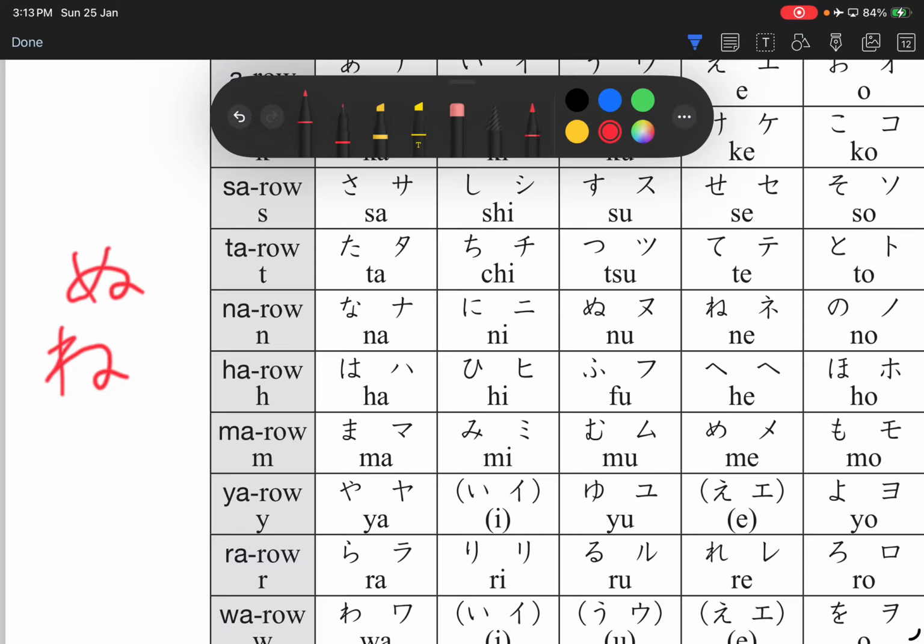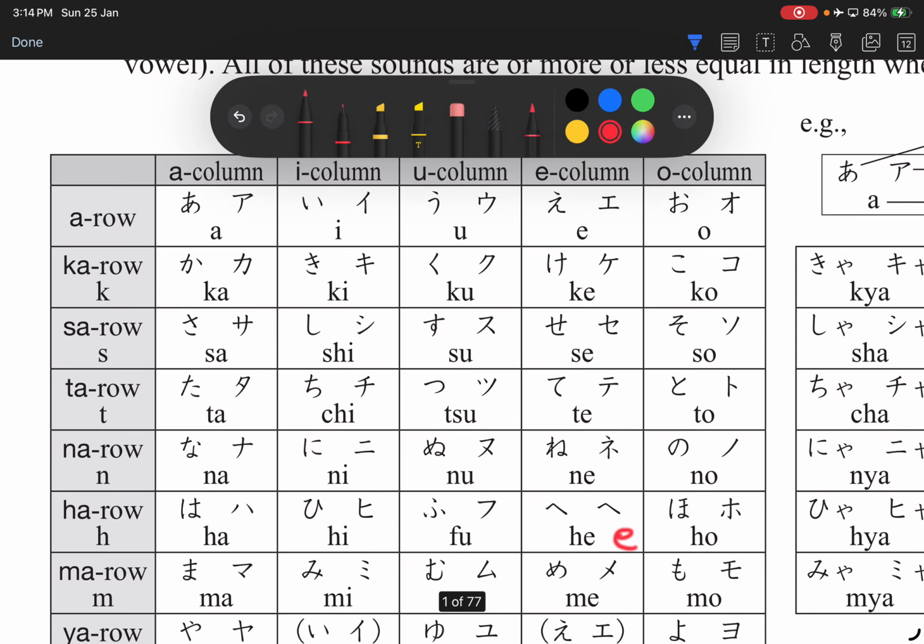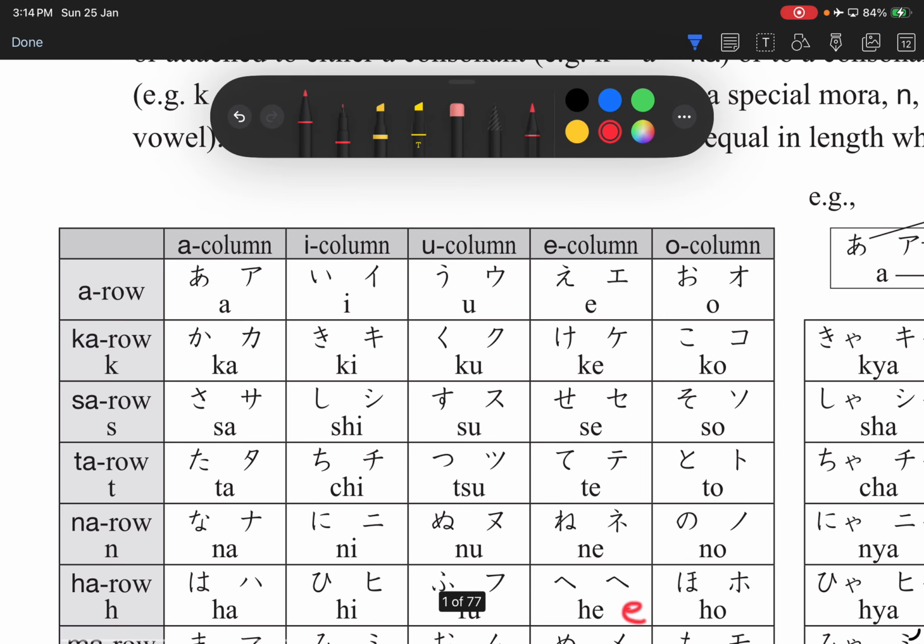Next, he. But 90% of the time, we don't read this as he. We read it as just the E sound alone. We will learn the reason why it is an E sound in our 6th or 7th lesson, so don't worry about it now. Then you might be thinking, what is the difference between the one at the top and the one below?